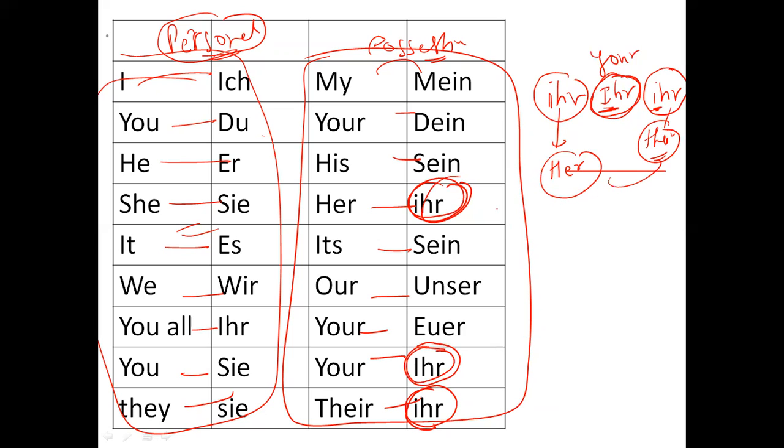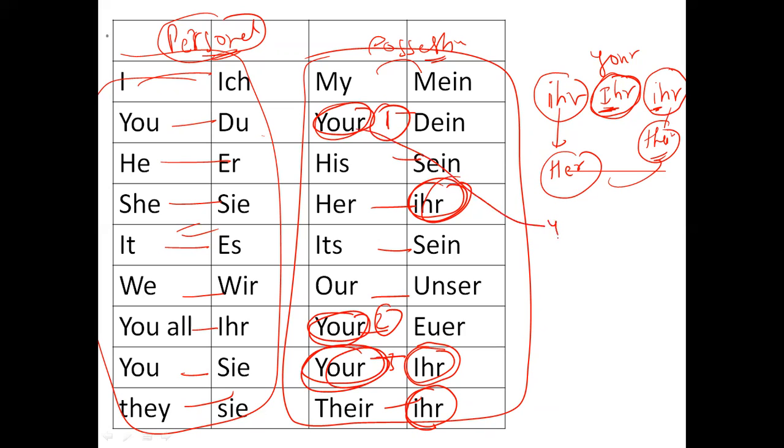The second thing which you need to focus on here is this. One is your here. Second, this is one your. Second is your here, and third is your here. So let me note it down here.